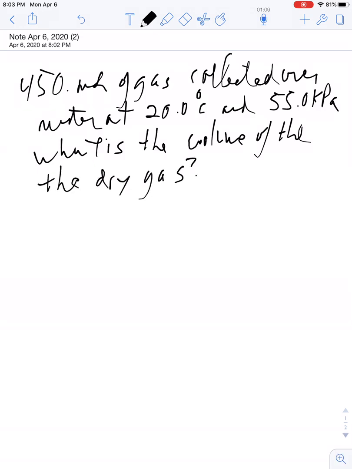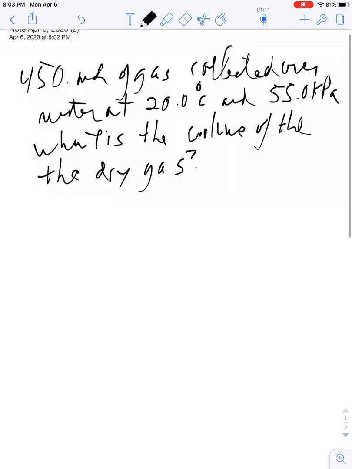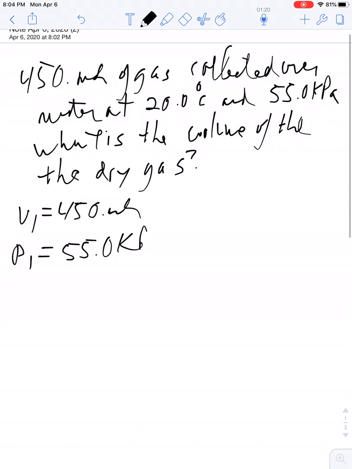Okay, so my initial volume is 450 milliliters. My initial pressure is 55 kPa. I want to find my new volume. Now I need to have a P2, right?